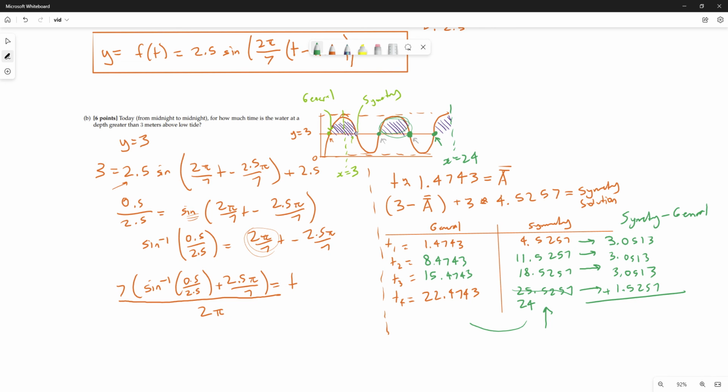Going to do that on my calculator right here. Okay, in total we have 10.6396 hours. And that is our solution right there.